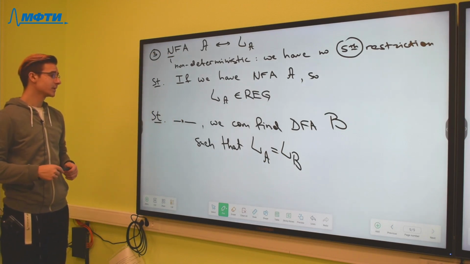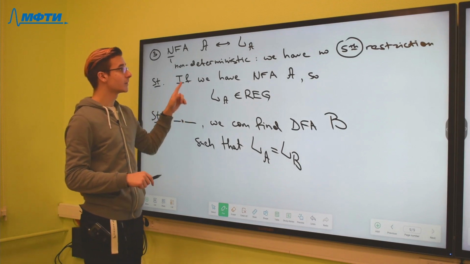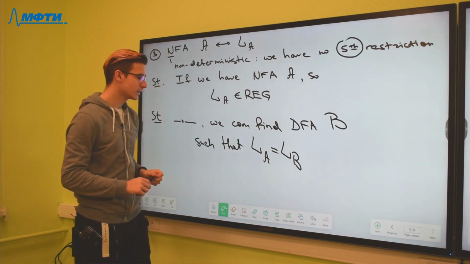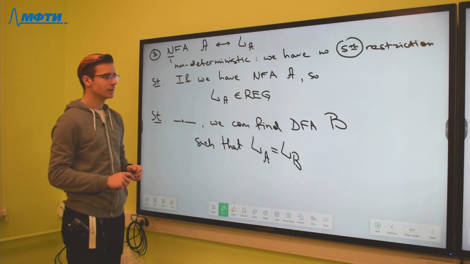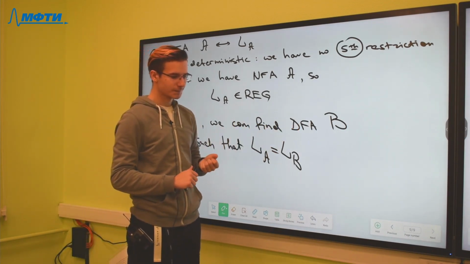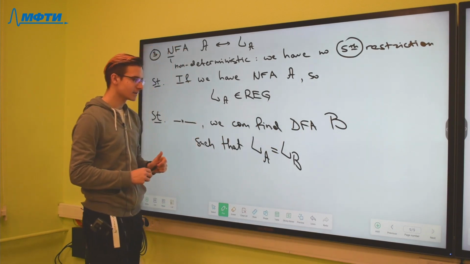So it is interesting that if we have a non-deterministic finite automaton, we can construct a DFA with the same language. But it is complicated.